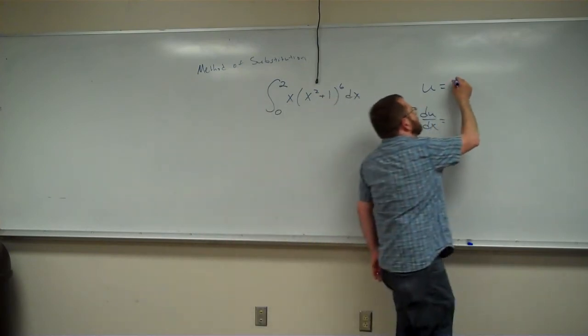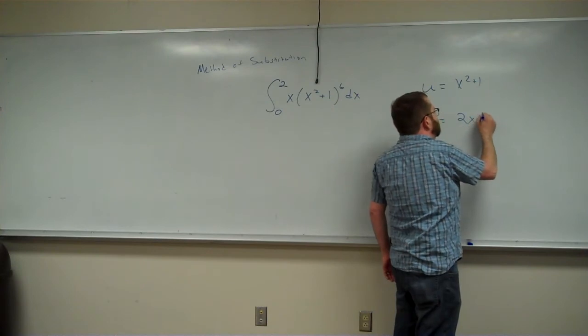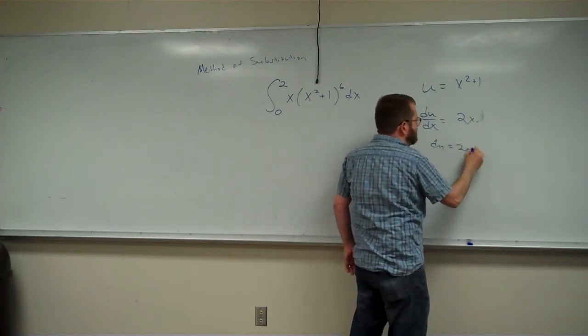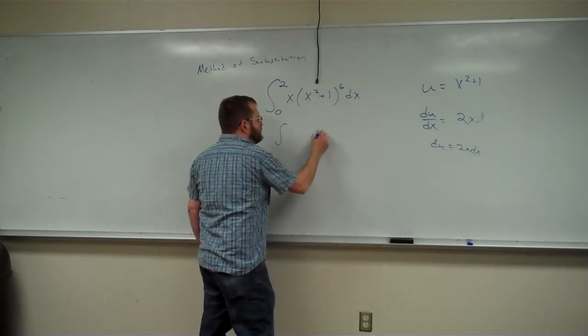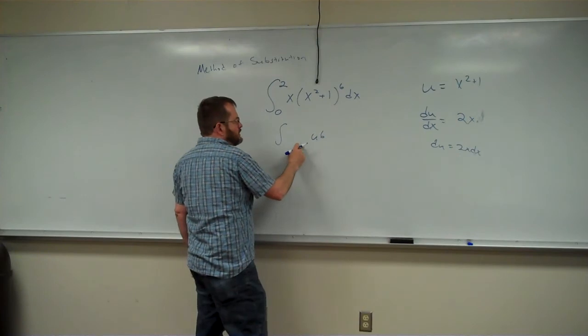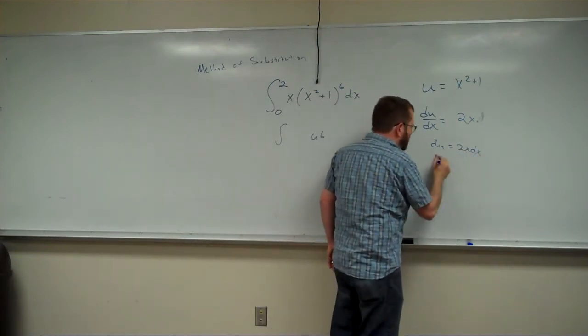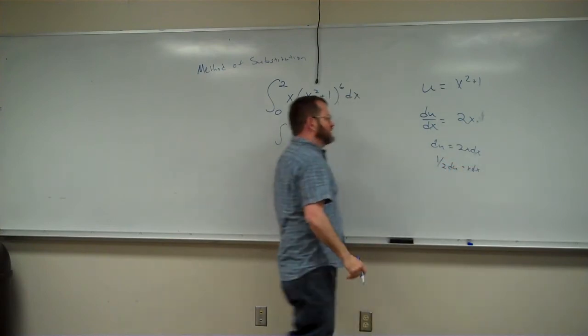So du is 2x, so du equals 2x dx. Well, that's not exactly what we've got here. We've got u to the 6th power, and we have x dx, not 2x dx. If we multiply both sides by 1/2 again, we get that.